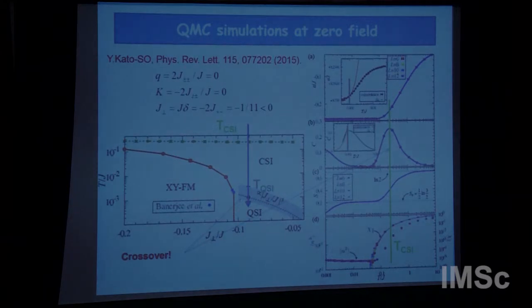So this precludes the possibility that we have a first order phase transition from a confined phase to a deconfined phase, or from classical spin-ice to the quantum spin-ice, or U1 spin liquid. So in that sense, the U1 quantum spin liquid ground state, or U1 spin liquid phase, is stabilized only at the ground state. This is suggested by this numerical data.